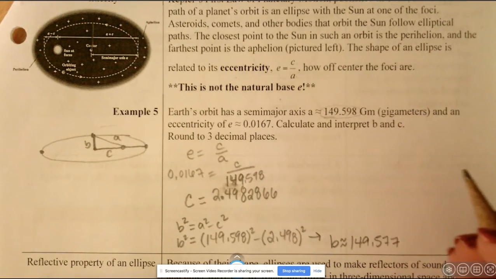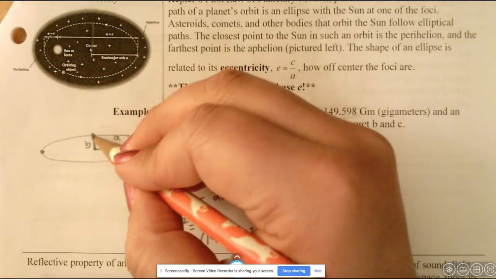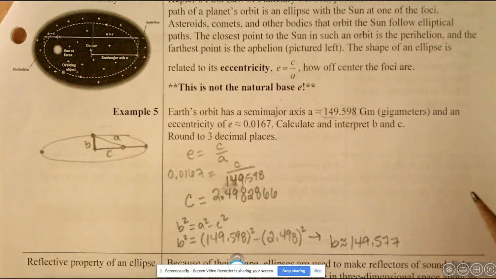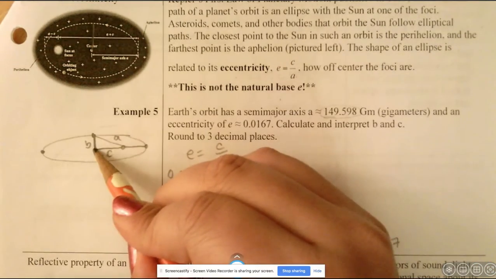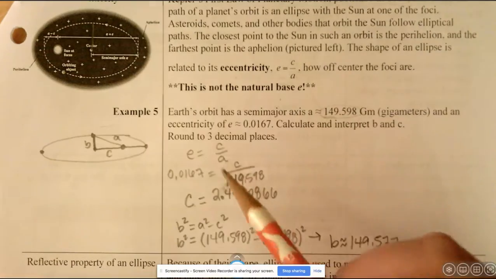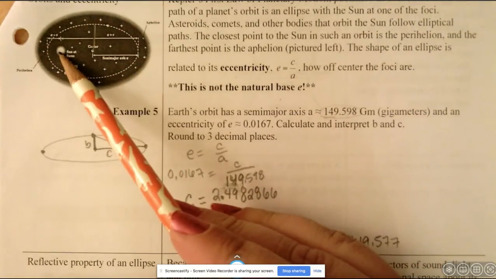But what are B and C? Okay, well, B is that distance from the center on the minor axis, and C is the distance from the center to a focus. Remember, one of our foci is the sun.